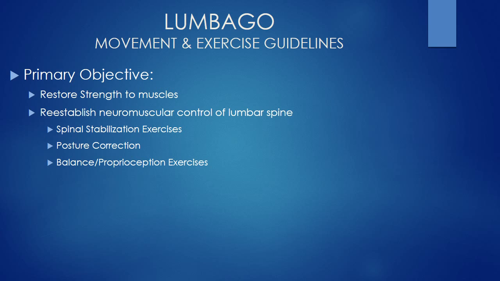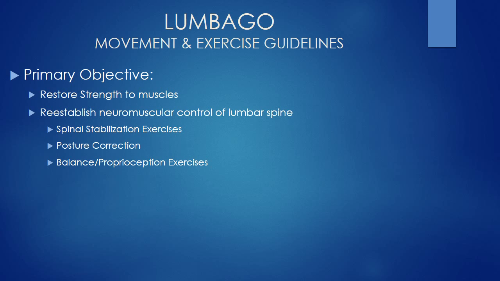With lumbago then, here are our movement and exercise guidelines. Number one is to restore strength to muscles, and number two is to establish pre-injury neuromuscular control of the lumbar spine, both uni and multi-segmentally. Well, how are we going to do that?